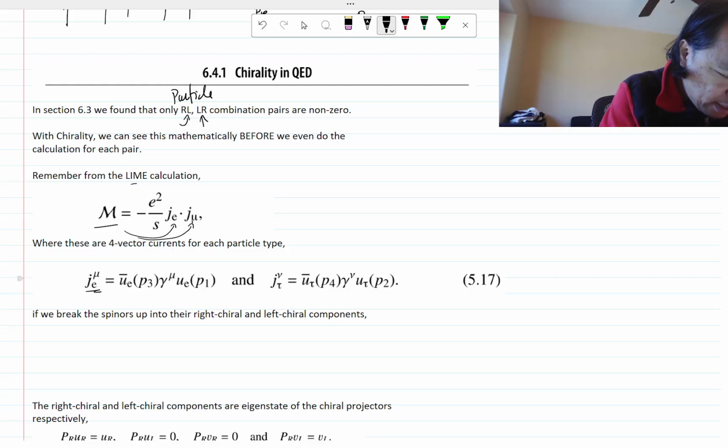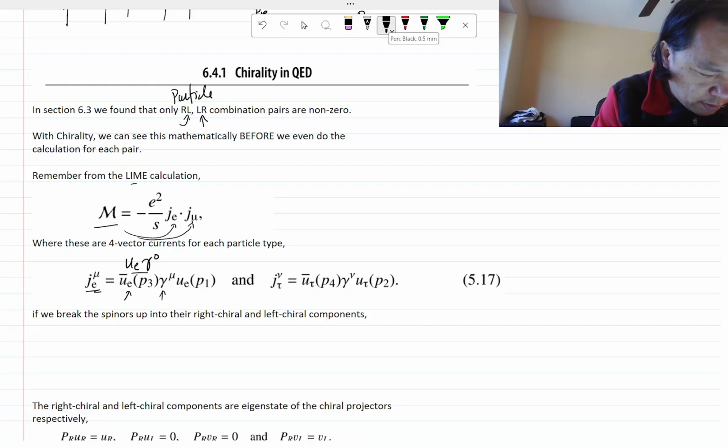Okay, and these currents have some particle adjoint spinors. So this is just U, E, gamma 0. And then you have this gamma matrix between the two, and then you have the other side of the electron current.